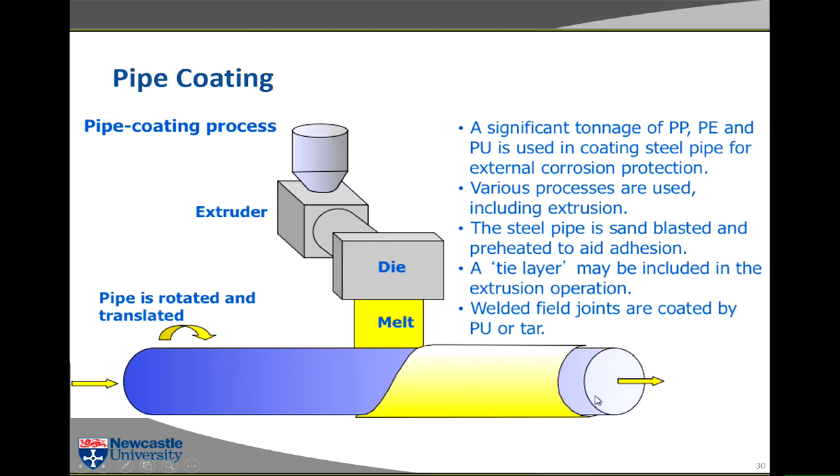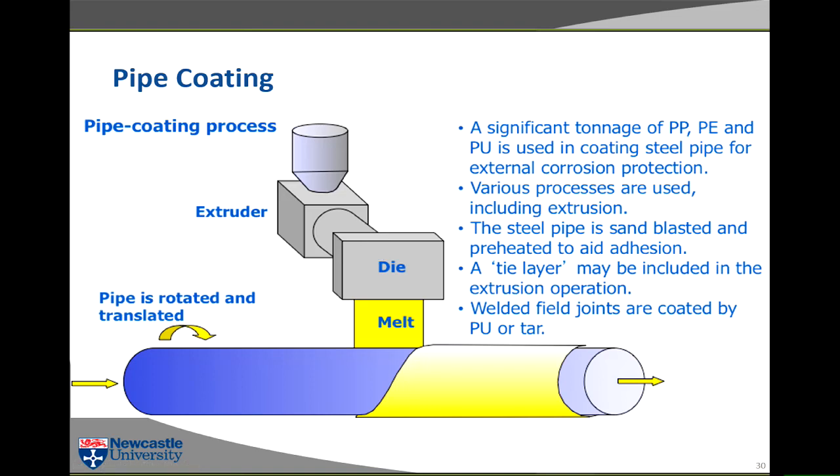And the way you do this, here's your steel pipe. It's preheated in an oven, and you have a length. It's not a continuous length. It's about 9 meters. So you preheat the steel pipe in an oven. Quite often you apply some bonding agent to the surface of the steel pipe to make the thermoplastic stick. And then you have a thermoplastic extruder, just like the one I described to you for making pipe, except instead of making pipe, it makes a flat sheet.